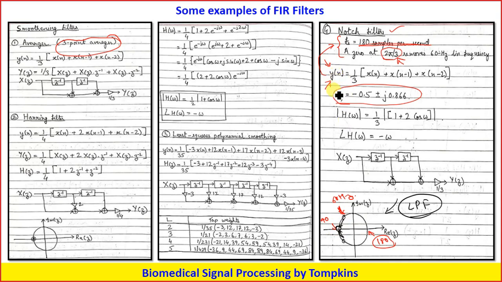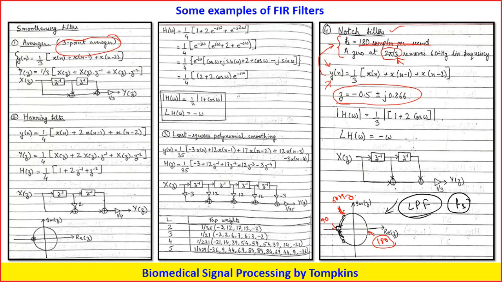So if you see, even if you realize a filter and if you do not properly select the sampling frequency, then what will happen? Your filter may behave in an altogether different manner than what you have designed it for.